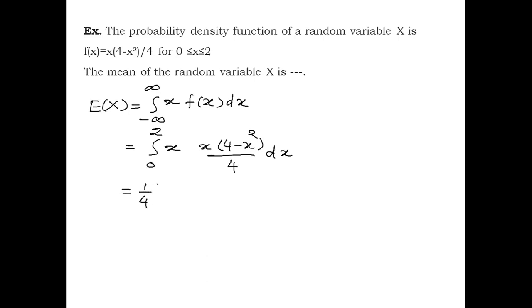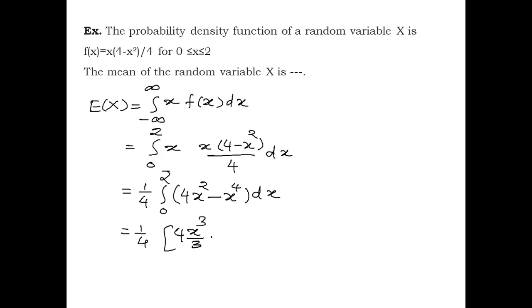This is 1 by 4, then integration from 0 to 2. The first term is 4 into x square minus x to the power 4 into dx. So this is equal to 1 by 4 into [4 into x to the power 3 by 3 minus x to the power 5 by 5] from 0 to 2.